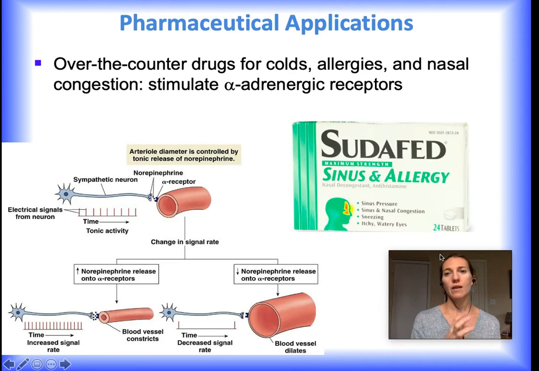If you think about decongestants, the blood vessels that feed your mucous membranes become inflamed during a cold, during flu, during any sort of sinus infection. And so what these drugs are going to be doing is they're actually going to constrict the blood vessels that are serving your nasal passages. And in doing so, it helps to allow you to breathe a little bit better.